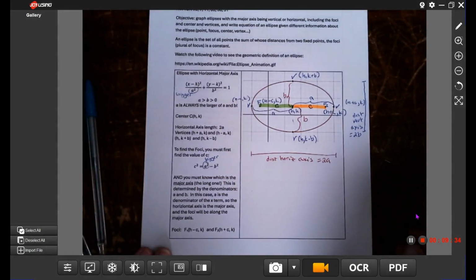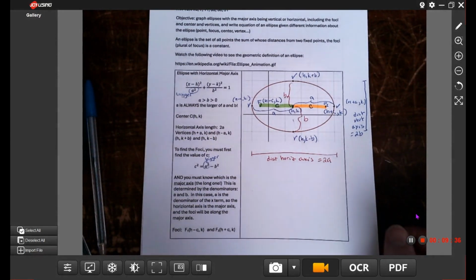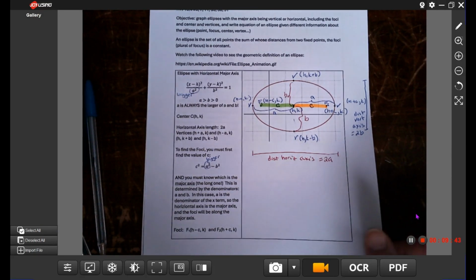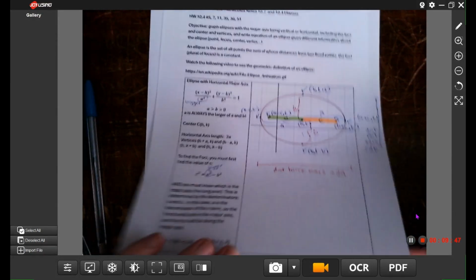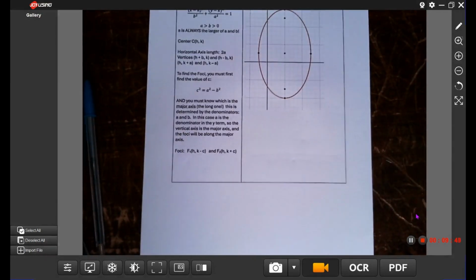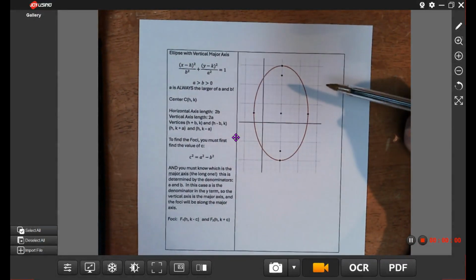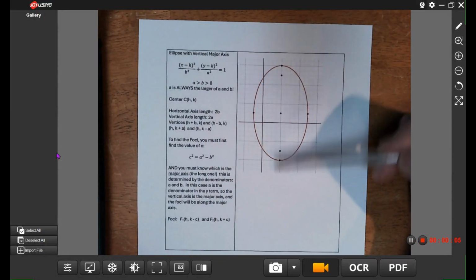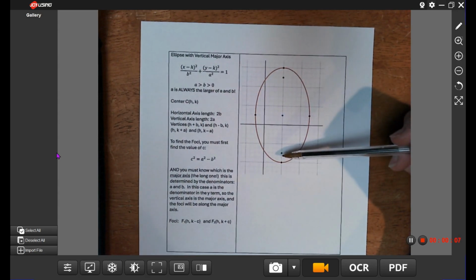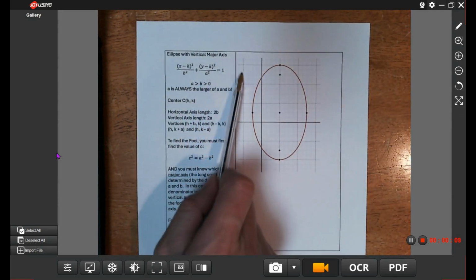Now I'm going to flip the page, and we're going to do all of the same things to describe and graph an ellipse with a vertical major axis. There's really only one thing that's different, so I'm going to do this one a little bit faster. Let's look at an ellipse where the major axis is vertical, the longer axis.